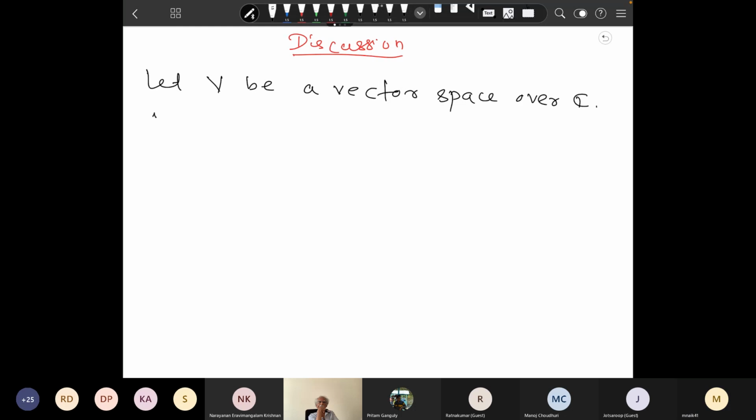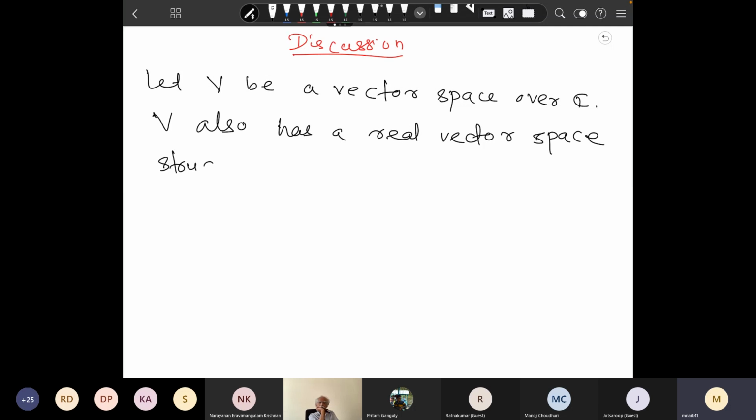So V also has a real vector space structure over R.